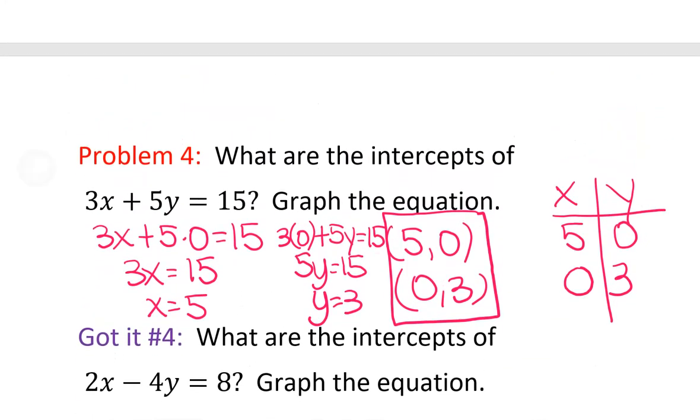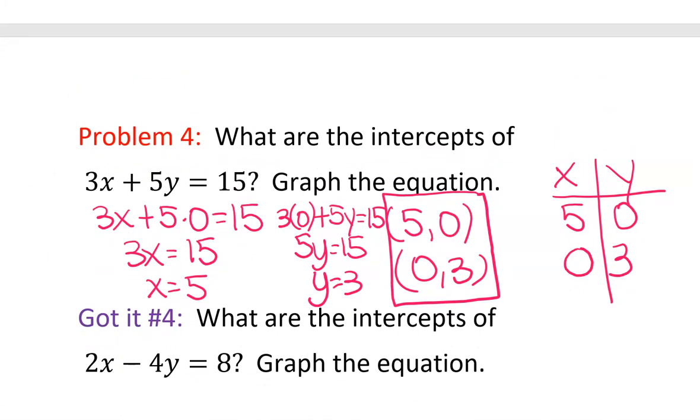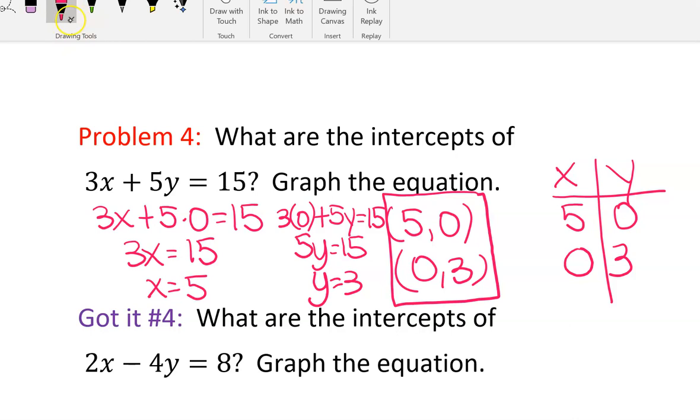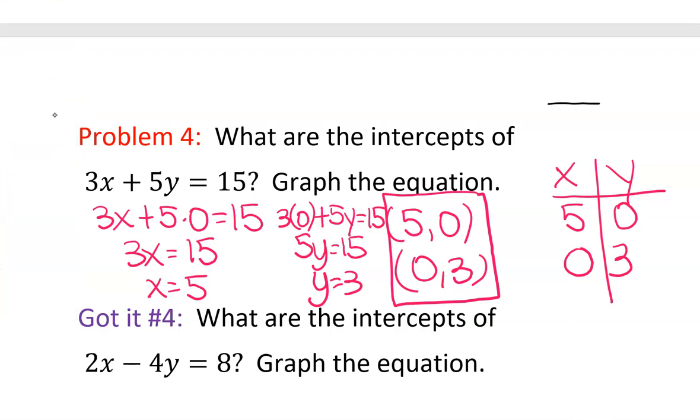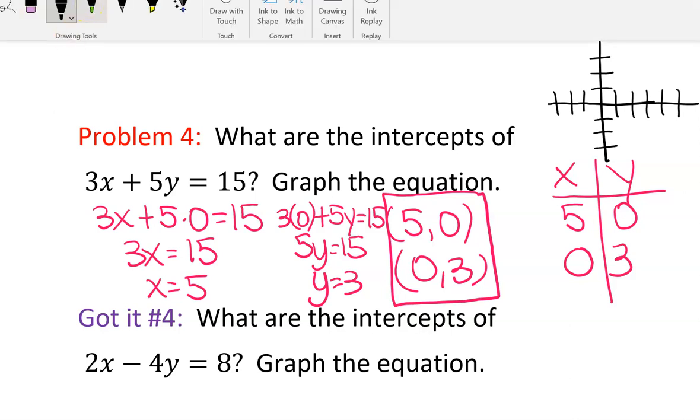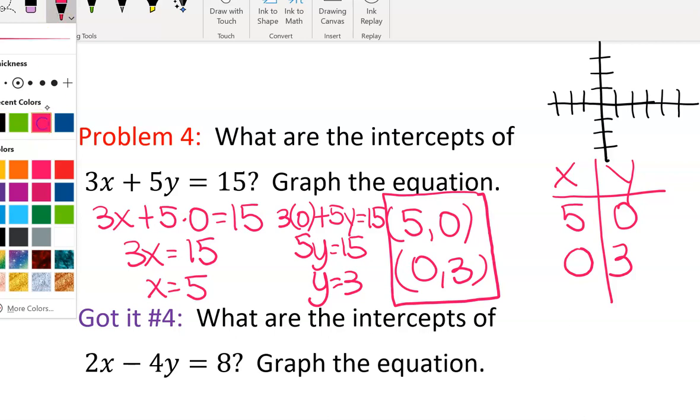So if you had to graph this one, I didn't put graph paper on here, but here's what it looks like. So one ordered pair is 5, 0.